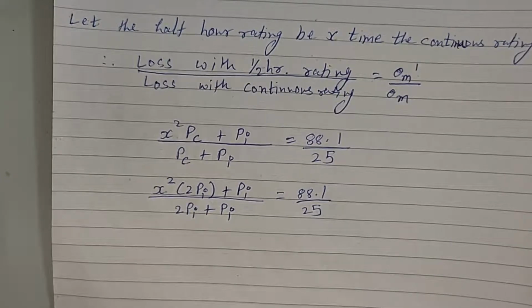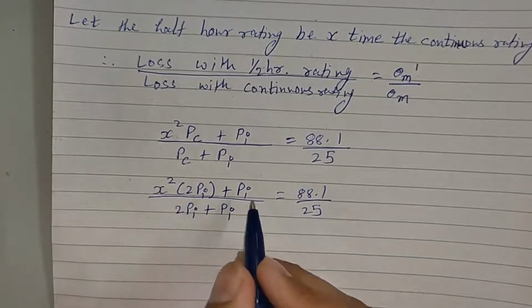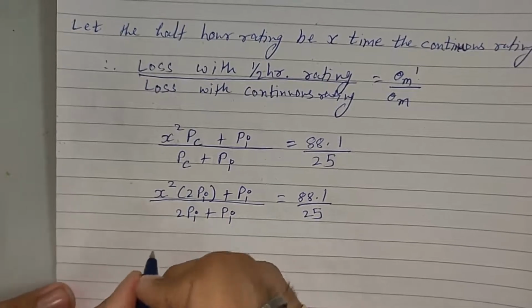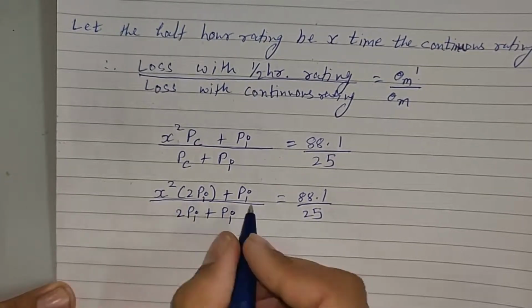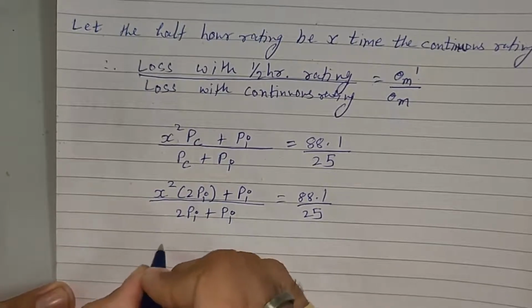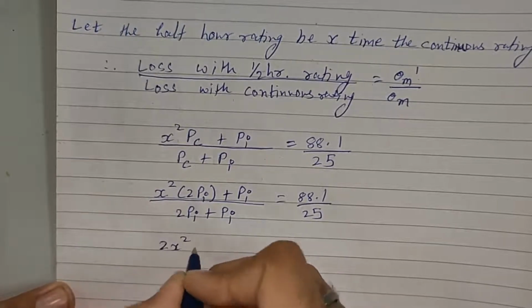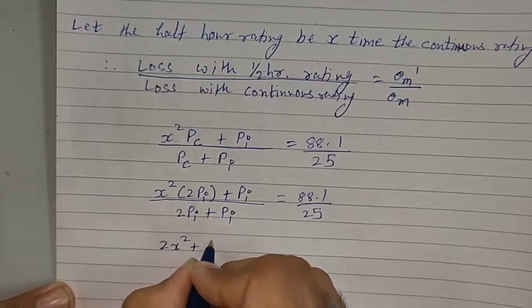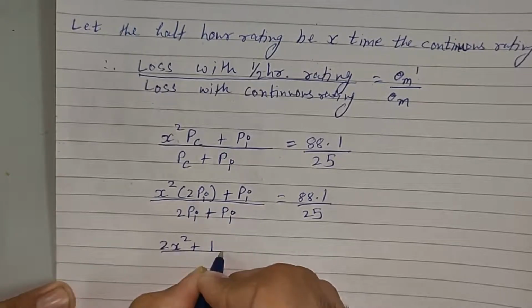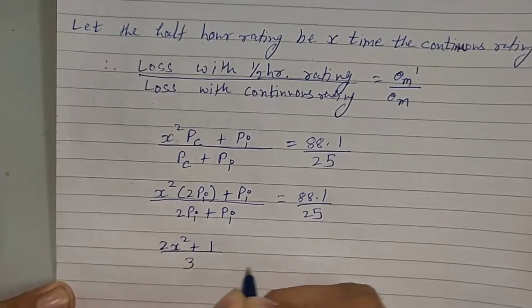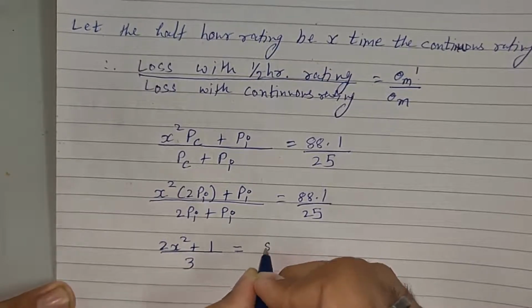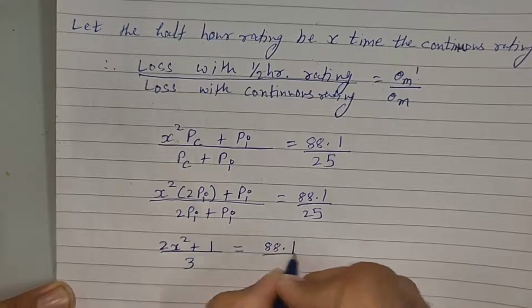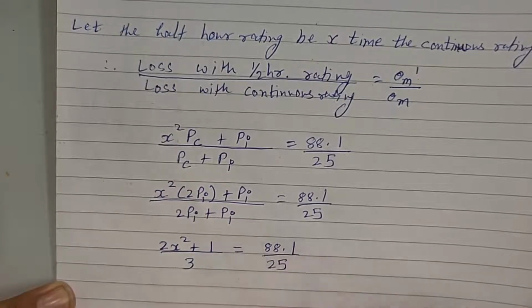So in this equation, if we solve this further by taking Pi common, what we get is 2x square plus 1 upon 3 would be equal to 88.1 upon 25.